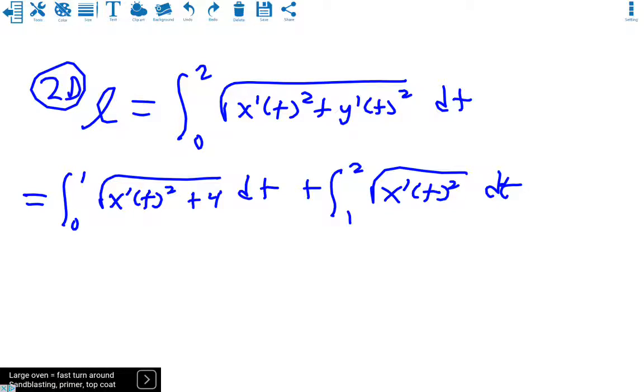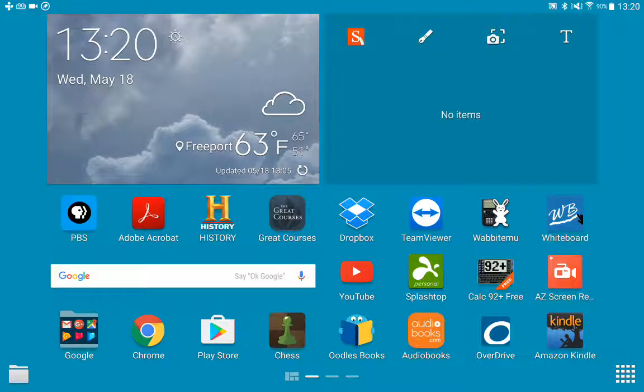Let's plug that into the calculator. Remember, x prime was t squared plus sine of 3t squared.